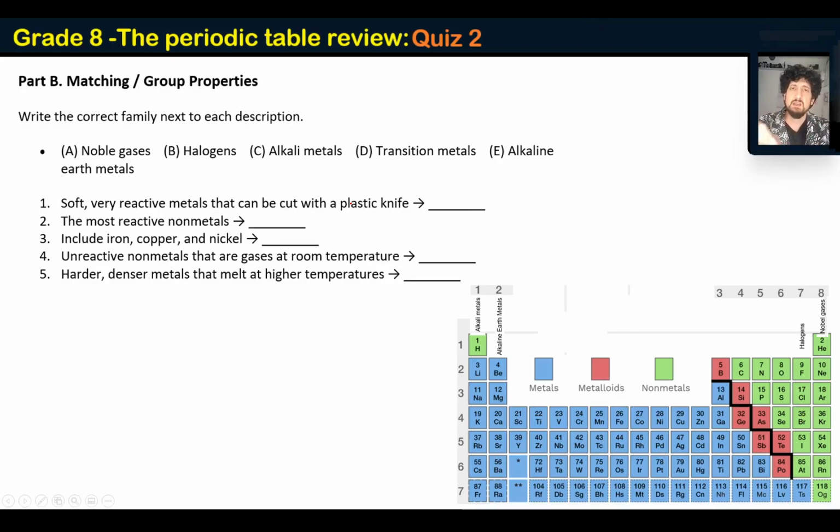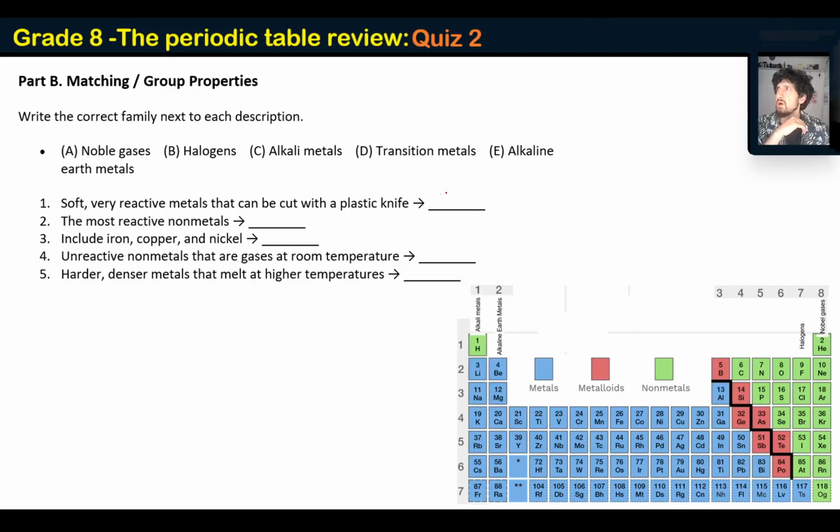They start fizzing, and then if you go down the group, from lithium to potassium to sodium, they start catching on fire and sparking. If you go way down, like rubidium and cesium, you get big, massive explosions. They are no joke. They are very reactive. So soft, metallic, reactive, that is alkali metals for sure.